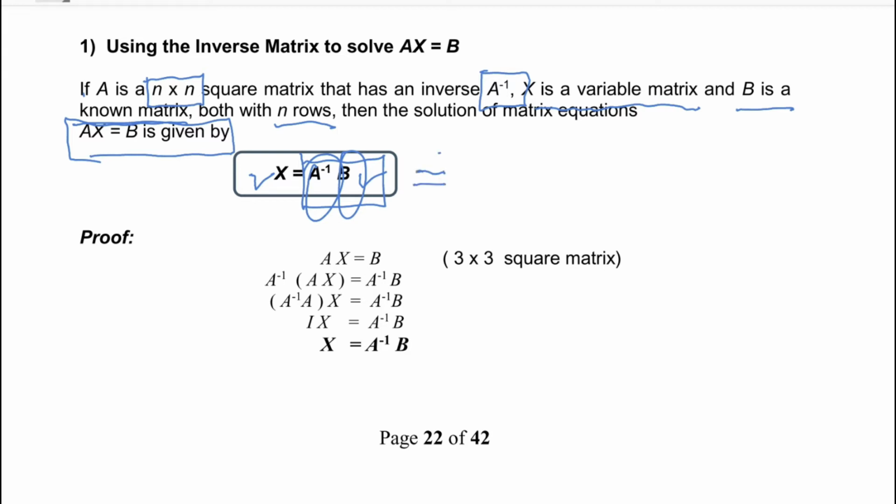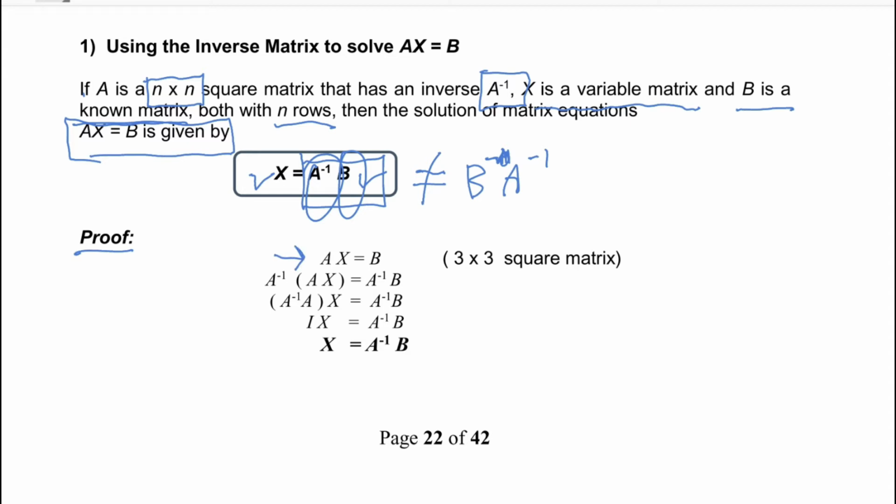It is not like this, B A inverse. It is A inverse B. So how do we get that equation? Here is the proof.